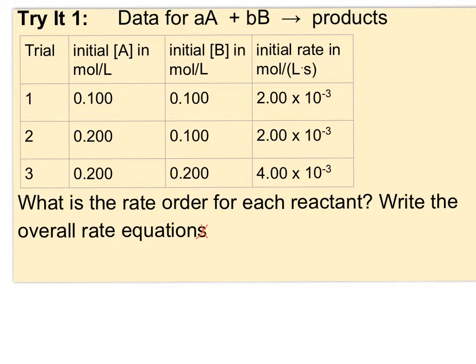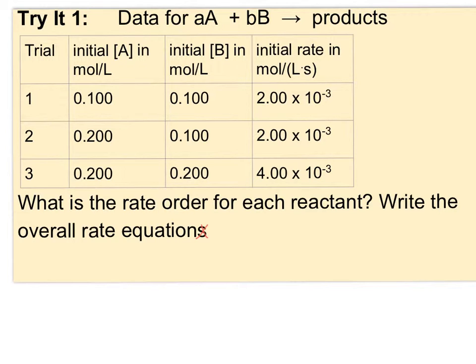If I look at trial 3, the difference from trial 2 to 3 is that the concentration of A has remained unchanged, but the concentration of B has doubled. And now if I look at the change in rate, the rate has also doubled. That means B is first order because there's a one-to-one relationship.